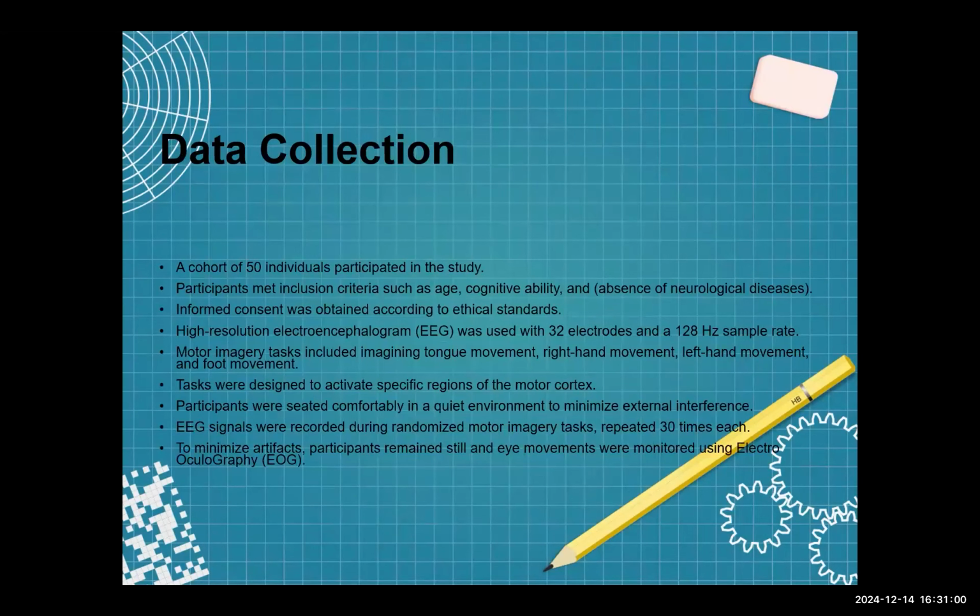Here is how we have taken the dataset. The description of the dataset: we have taken it from 50 individuals. Participants met inclusion criteria such as age, cognitive ability, and absence of neurological disease, which we have taken care of. This is actually an existing standard data set.